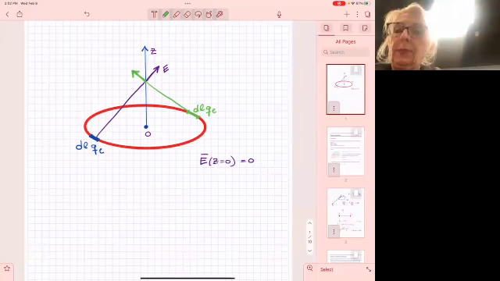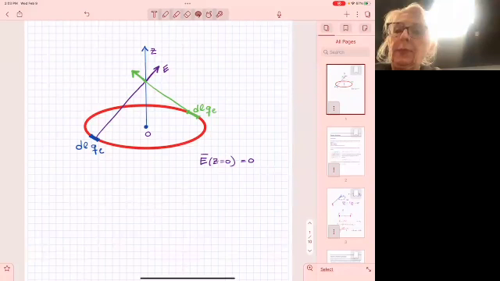Okay. Now, this field is, of course, not along the z direction. It has the direction of those lines that connect that point along the z-axis here with each one of those charges.